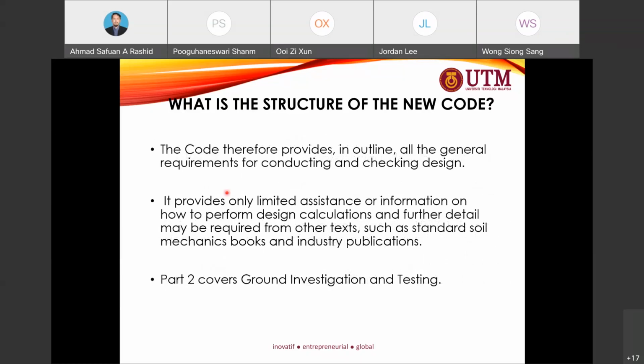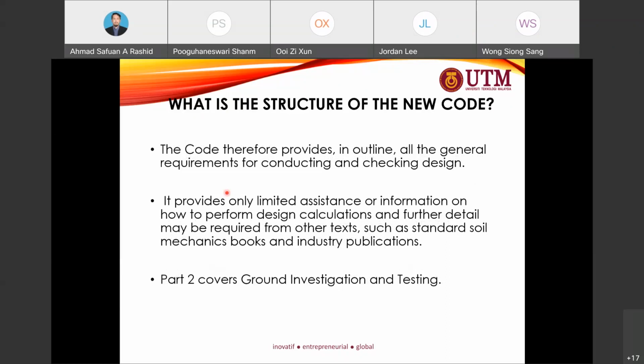The code therefore provides in outline all the general requirements for conducting and checking design. It provides only limited assistance or information on how to perform design calculations, and further detail may be required from other texts such as standard soil mechanics books and industry publications.